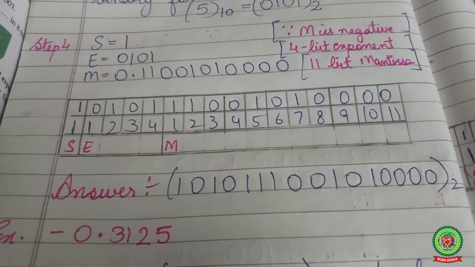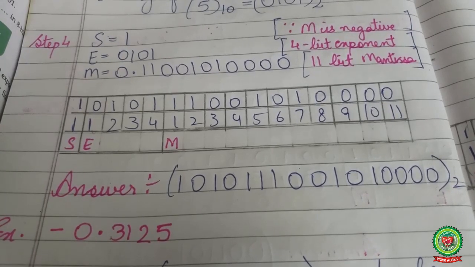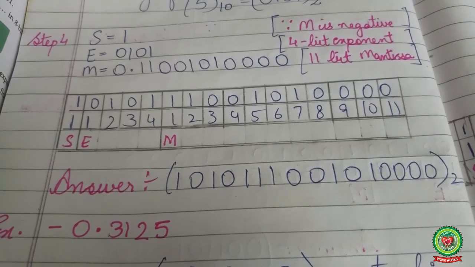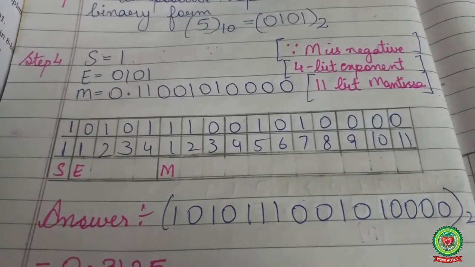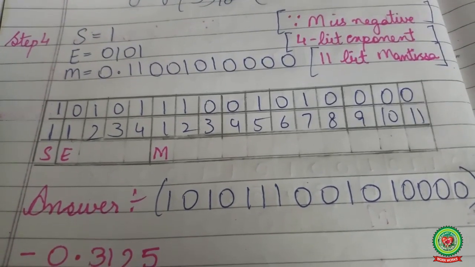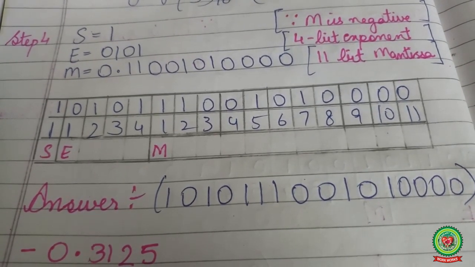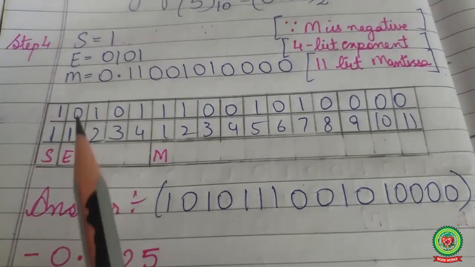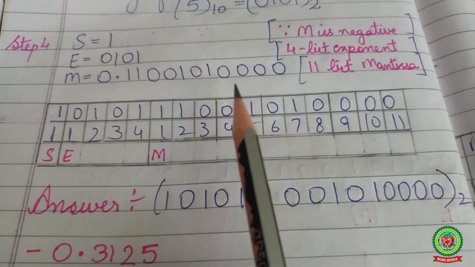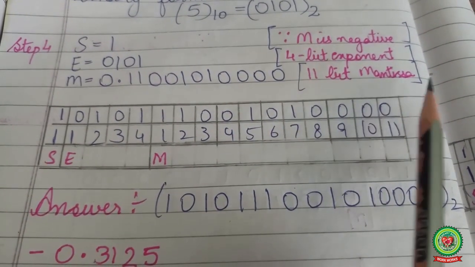Next is step 4, that is, I am going to relocate these values in the table. So here S equals 1 because my m is negative. E is equal to 0101 as it is a 4-bit exponent, and m equals the rest of the value, 0.11001010000, and this is my 11-bit mantissa.